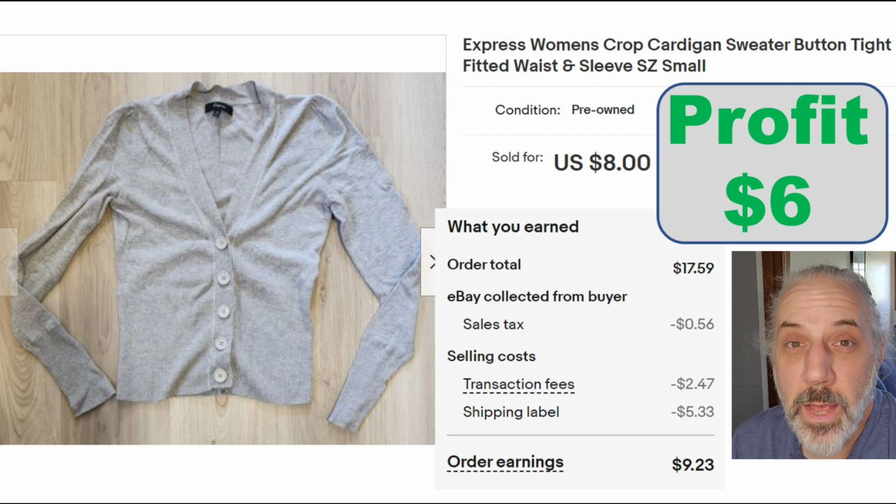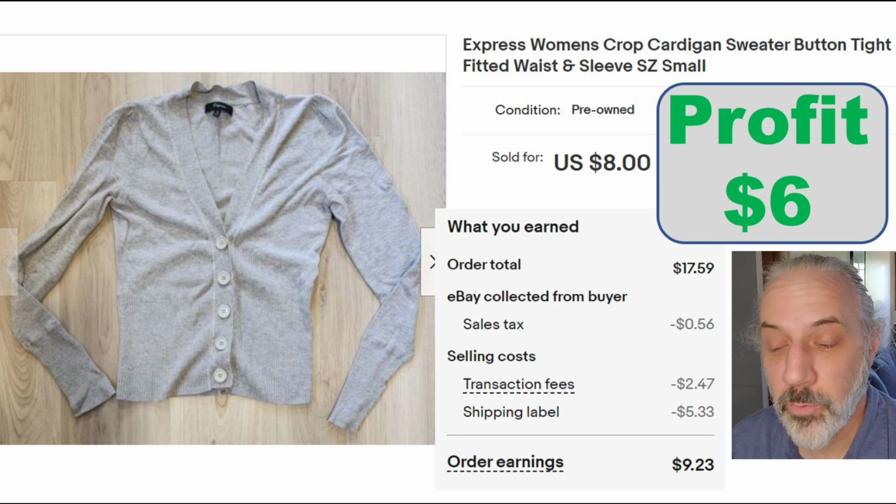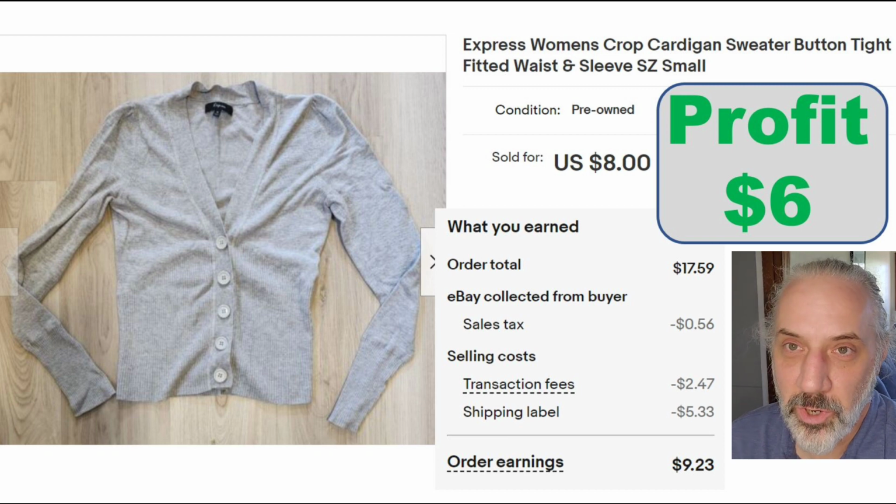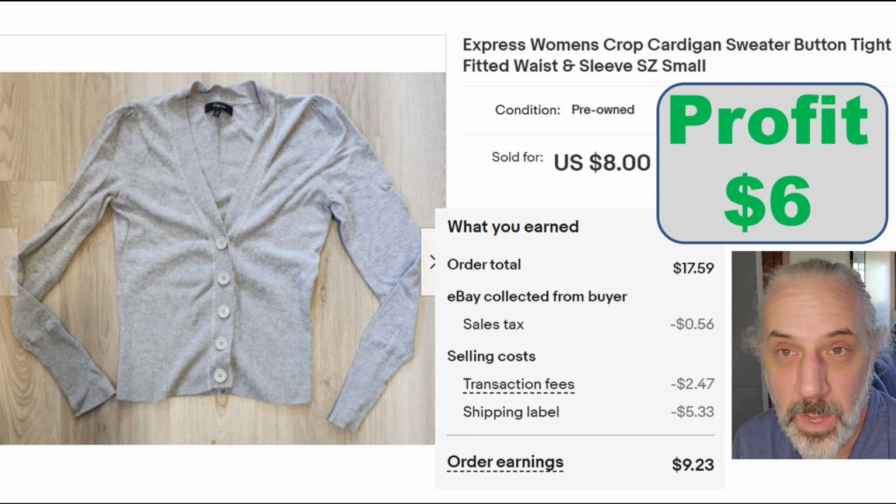This item I got in a lot of free items from my friend. These were Express women's, just a crop cardigan. So my cost was $0, but a lot of the items weren't very sellable, or maybe their brand is pretty saturated, and this is an example of one of those items.